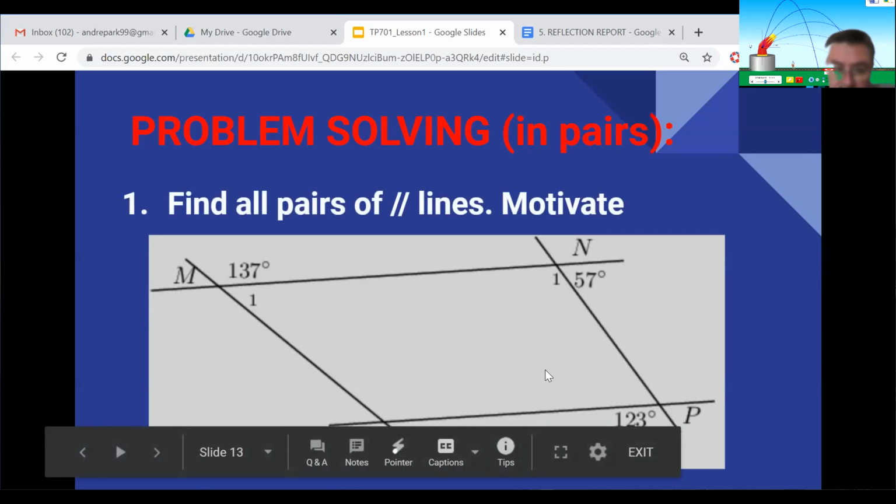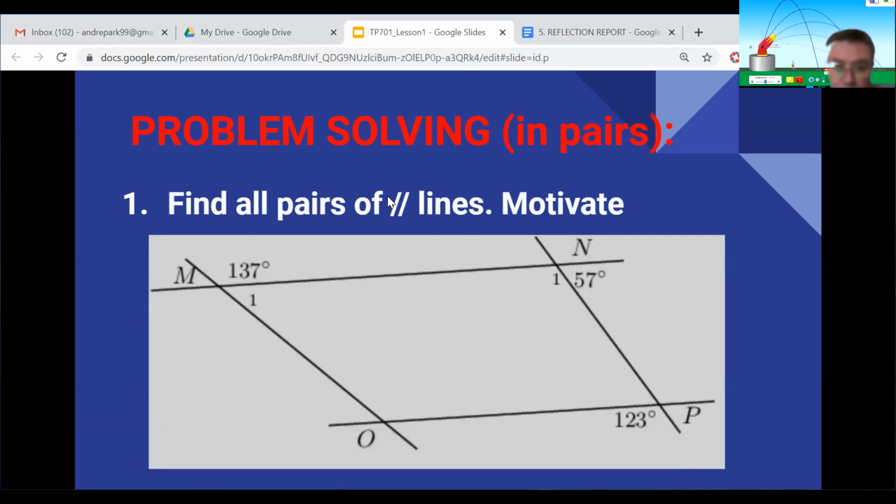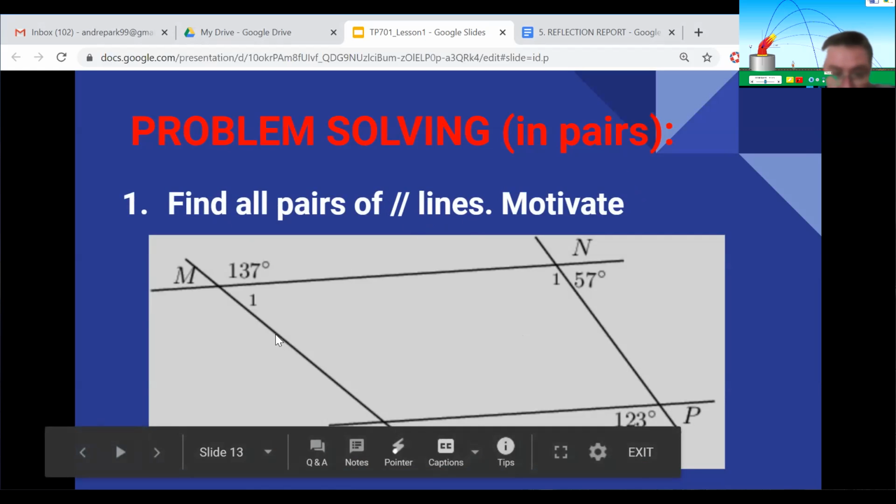And the question: find all pairs of parallel lines and motivate. Just by looking at it, line MN and line OP and MO, does that look parallel? Doesn't. So let's forget that one first.